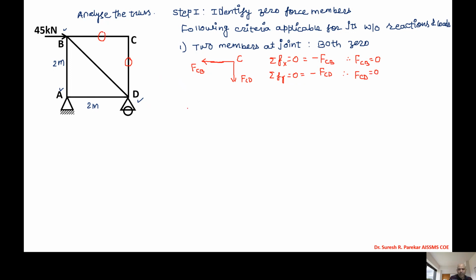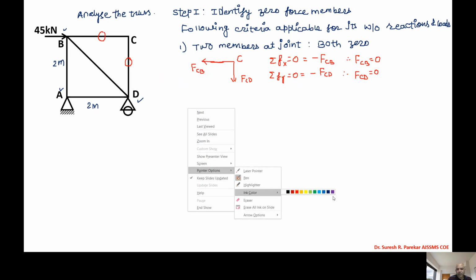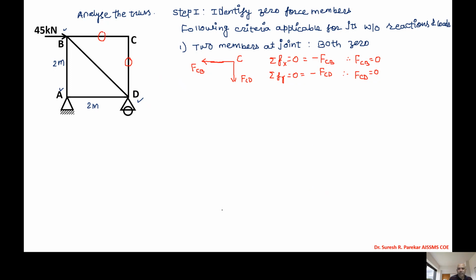Now the second criteria: three members are there, and out of the three, two should be collinear.